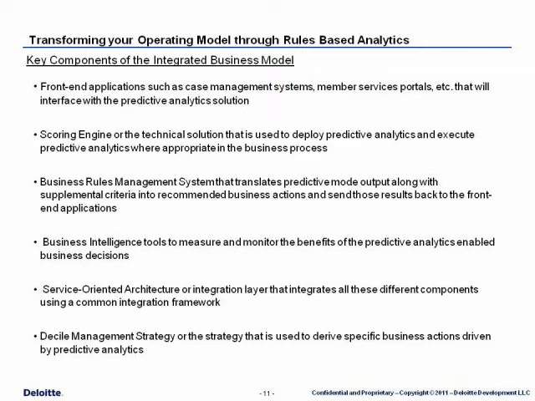Number one, there are the front-end applications, such as case management systems, member services, portals, et cetera, that will interface with and execute the predictive analytics solution. There's the scoring engine, or the technical solution that is used to deploy and execute predictive analytics where appropriate in the business process. The business rules management system is the set of software and processes that translate predictive model output along with supplemental criteria into recommended business actions and send those results back to the front-end applications.